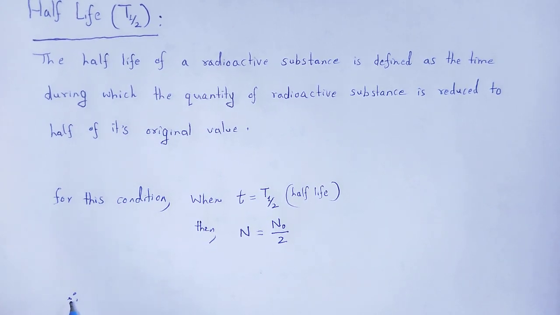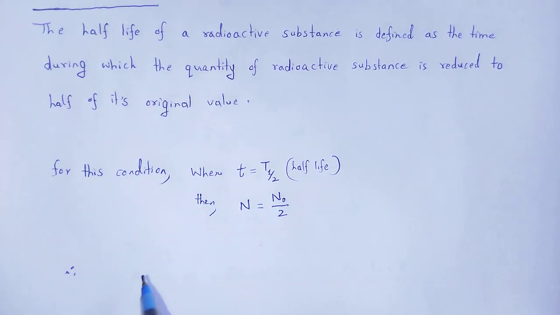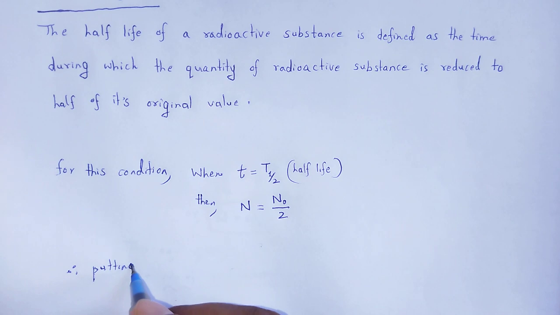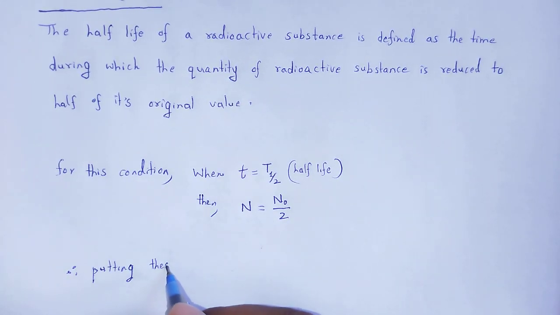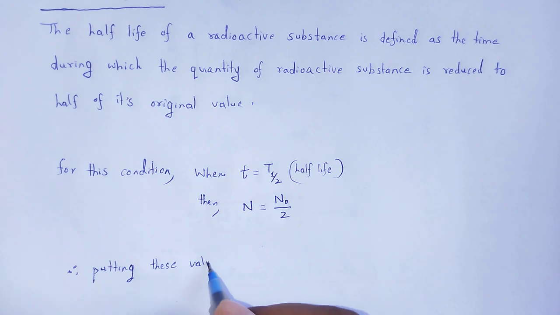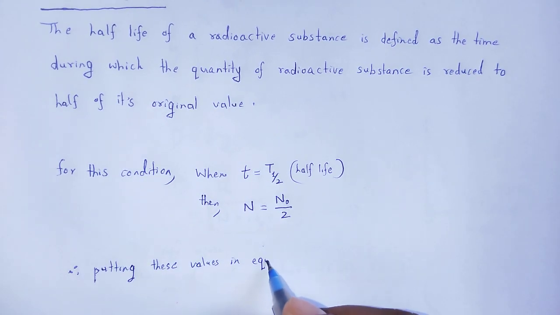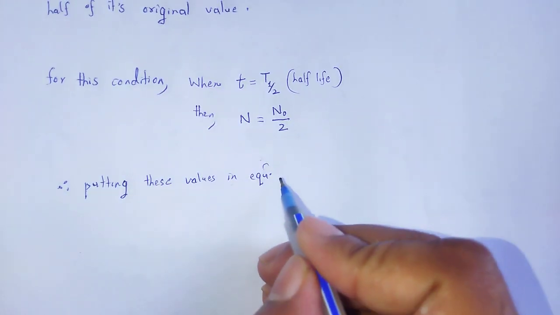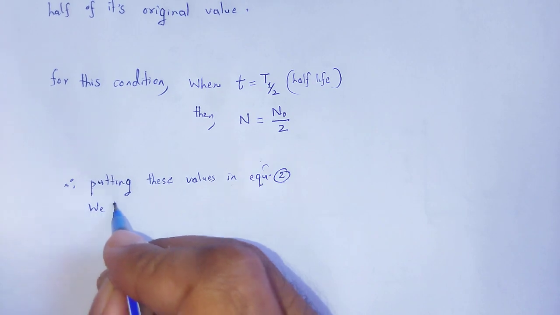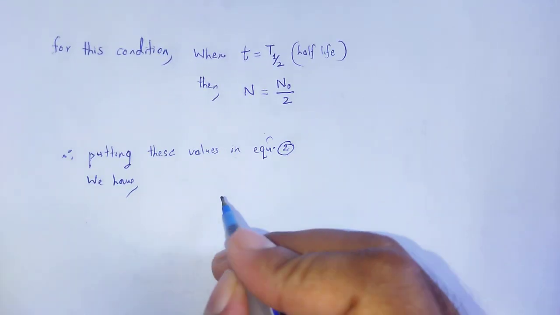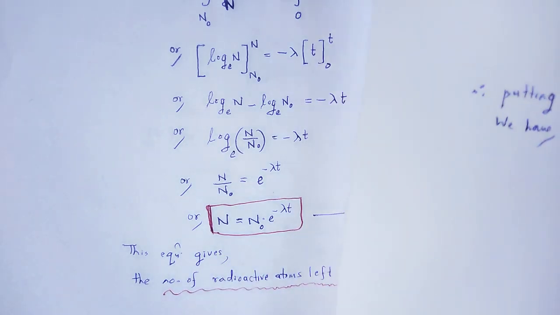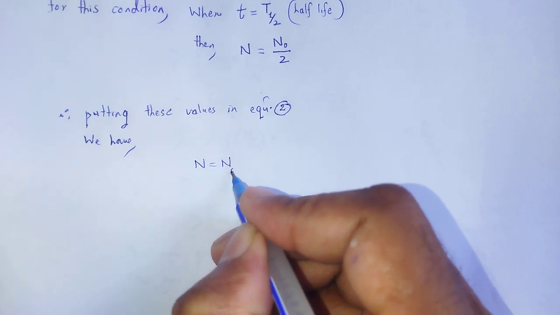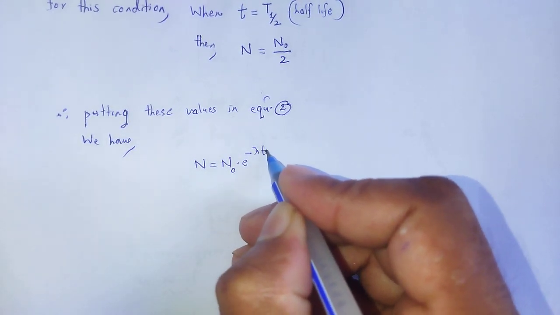Putting these values in equation number 2, we have N is equal to N naught e to the power minus lambda t.